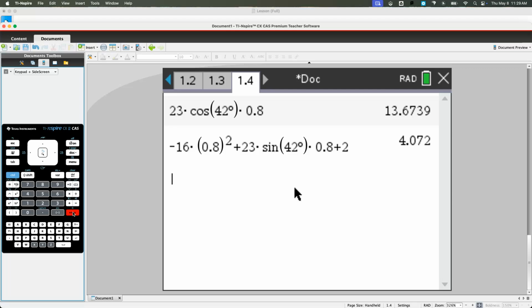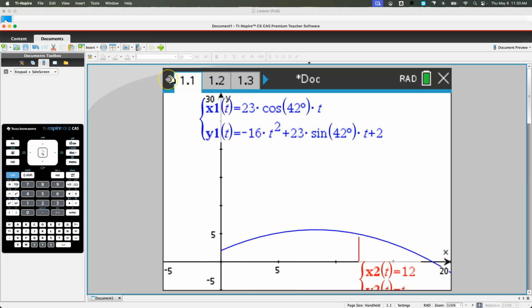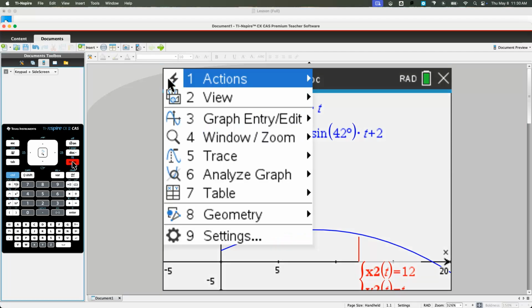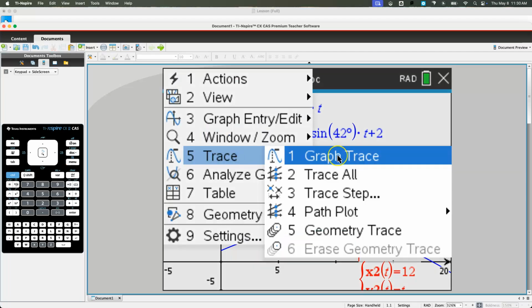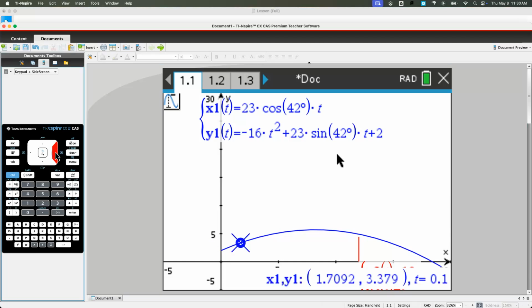How we can also do that is we can go to our graph here and select graph trace. What this is saying is at 0 seconds, we're at the position 0 feet away from the person, 2 feet off the ground. Then you can scroll out until you get to 0.8.